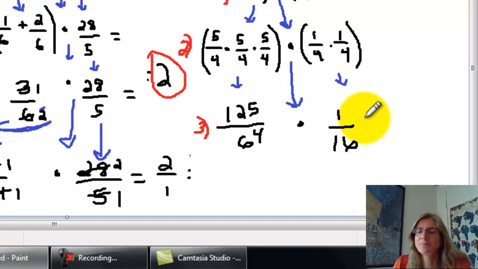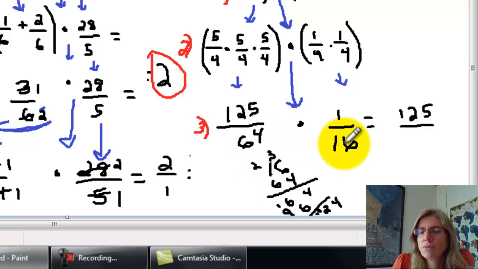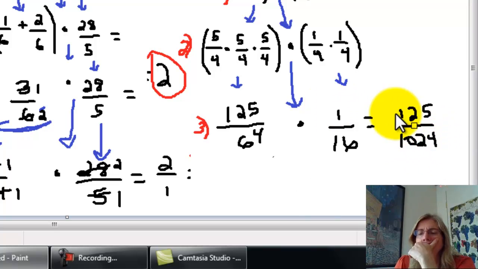That's easy. So far so good. 125, and it's going to be over a large number, which is 64 times 16. 64 times 16 is 1024. 125 over 1024.